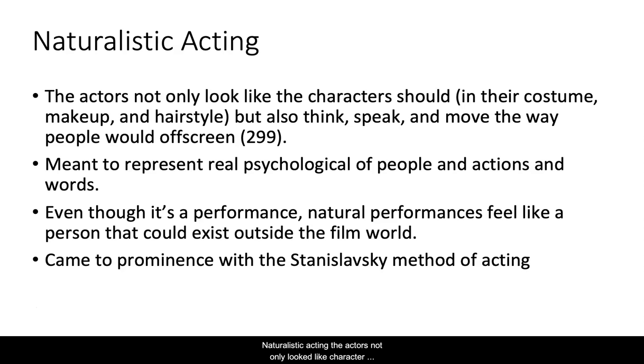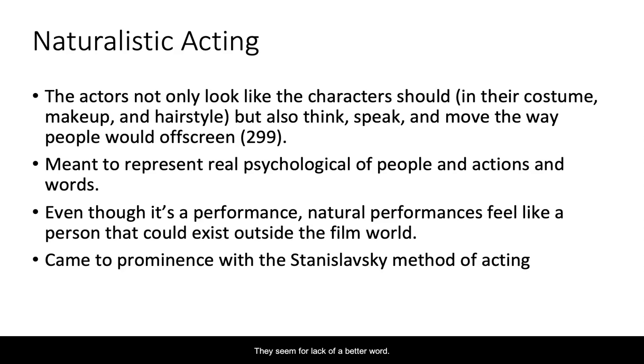In naturalistic acting, the actors not only look like characters should in their costume, makeup, and hairstyle, but also think, speak, and move the way people would off-screen. Naturalistic acting is meant to represent the real psychological impact of people's actions and words. Even though it's a performance, naturalistic performers should feel like that person could possibly exist outside the film world.